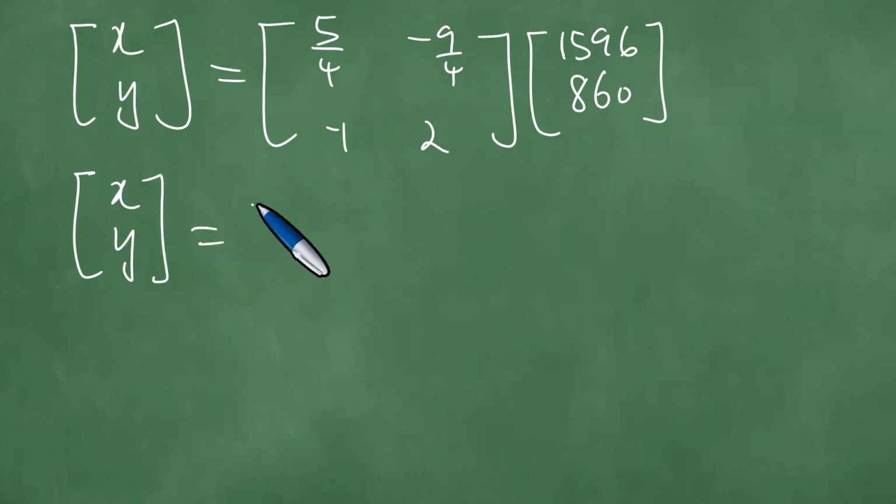Which is this? This by this, minus 9 over 4 by 860. Relatively large numbers, but I expect that to be 60.